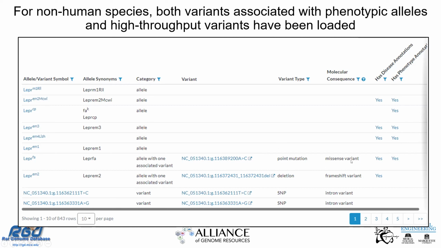And so if the allele has either disease or phenotype or both annotations, that will be shown in these columns, and then these will link to the actual disease or phenotype annotations on the allele report page. And we're going to look at the allele report page in just a minute.